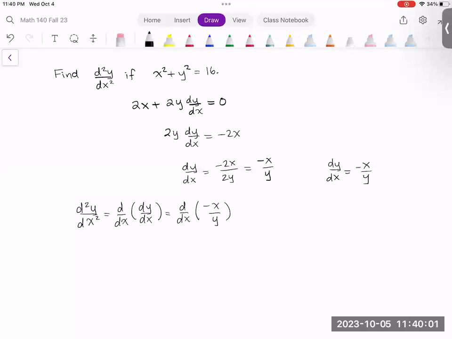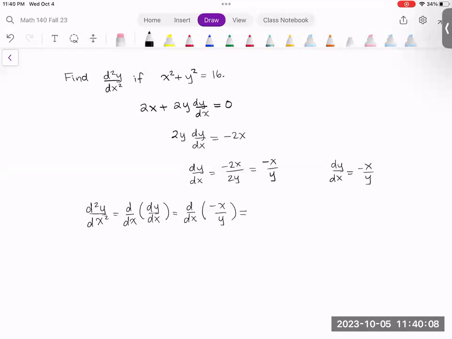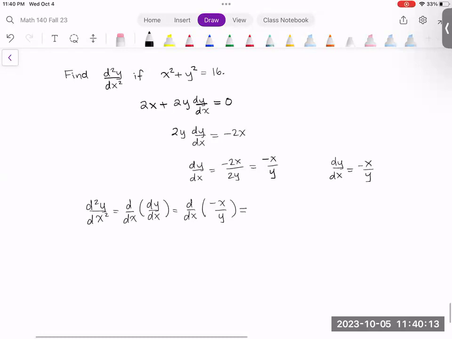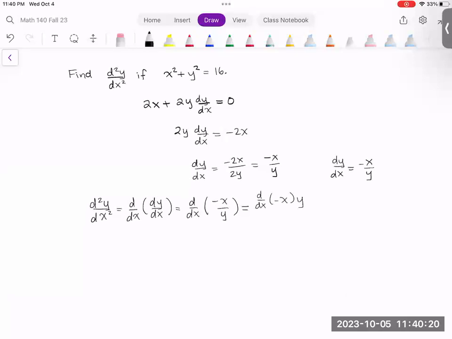Notice this is a quotient, and so we are going to use the quotient rule to do this derivative. Let's try this out. We differentiate the numerator, so we have d dx of negative x times the denominator, y, minus the numerator, negative x, times the derivative of the denominator, y, all over y squared.